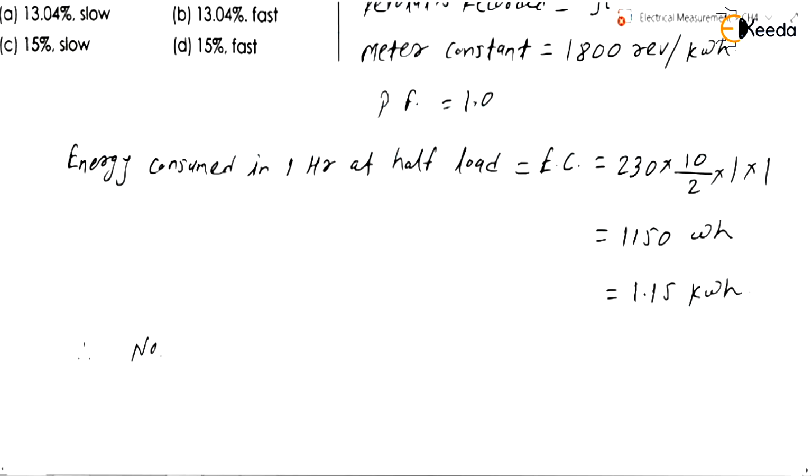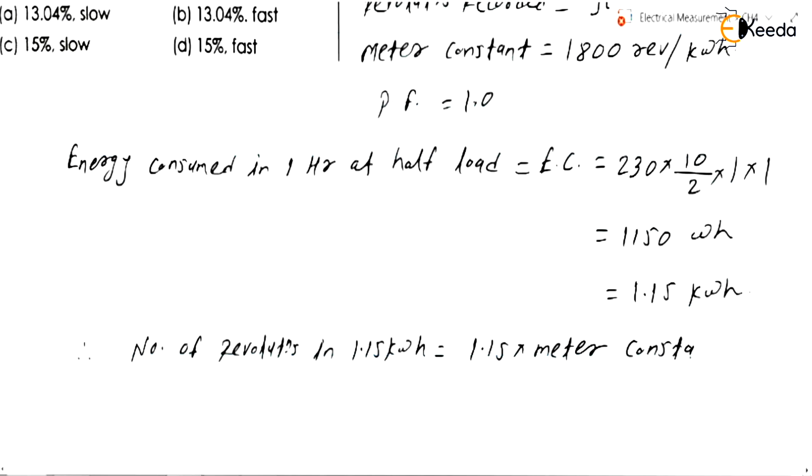Therefore the number of revolutions in 1.15 kilowatt hour is 1.15 into the meter constant. These revolutions are the true value, meaning the meter is expected to complete this many revolutions.